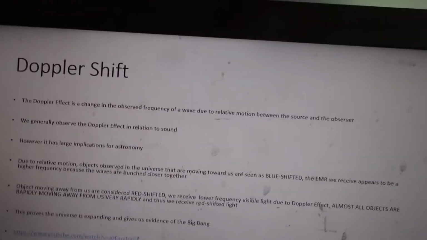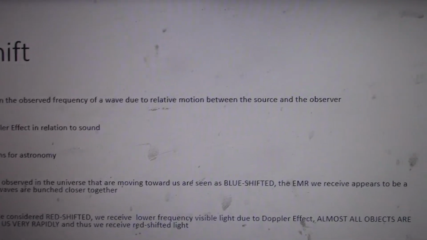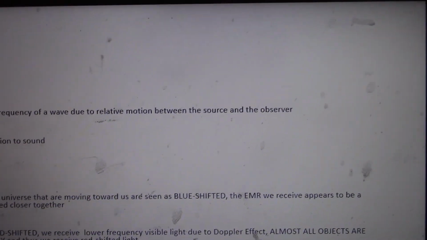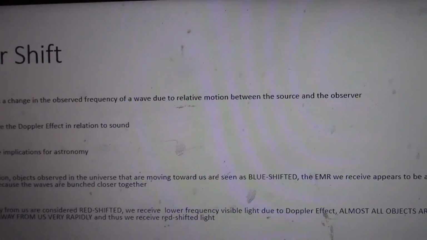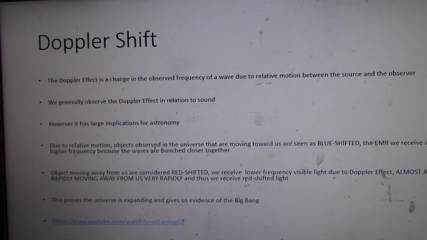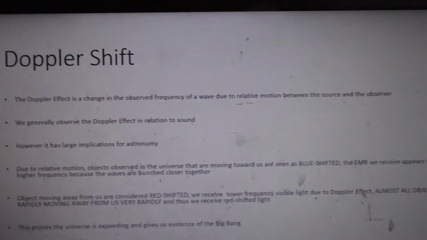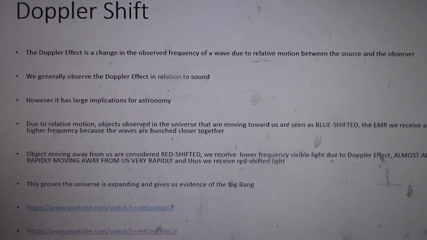Okay, so Doppler effect is a change in the observed frequency of a wave due to the relative motion between the source and the observer. So to the source, there's no change in frequency, but to the observer, depending on where that individual is, you'll either observe a wave as higher frequency or lower frequency. And that's what we see with light.